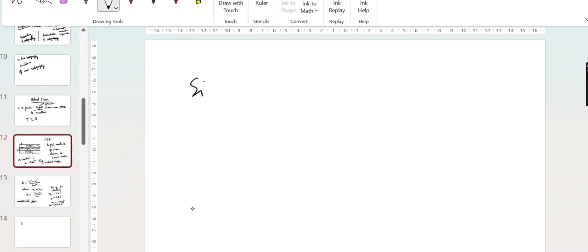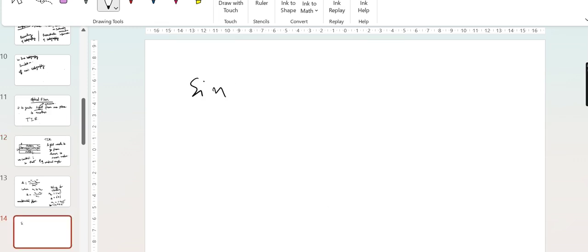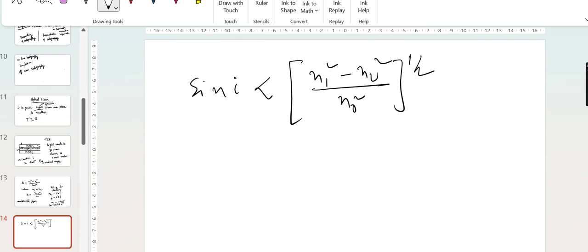So if we calculate all those things, what should be the value of sin I? Because that is the value we think is in our control, the I value. So sin I needs to be less than the square root of N1 square minus N2 square, with N0 being 1.